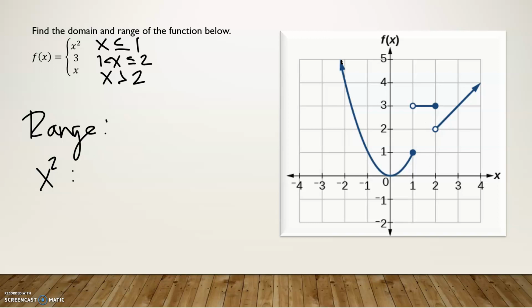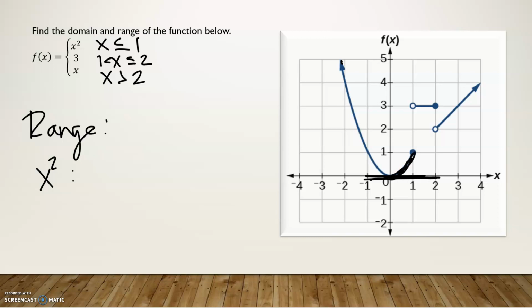We'll look at the range for x squared. We're looking at this little bit right here, and I need to look at my y-axis. It looks like it starts at 0. Don't say it starts at 1 because I have a circle here. No, you need to know where the function goes. It keeps going down, down, down.